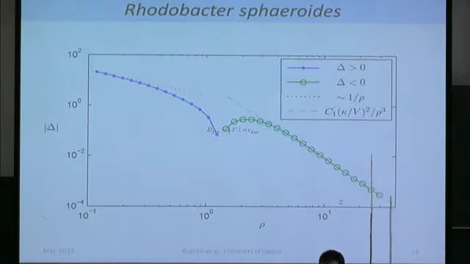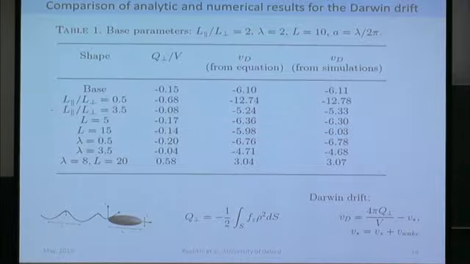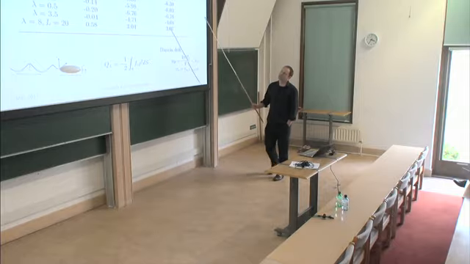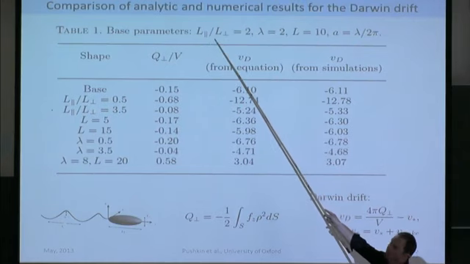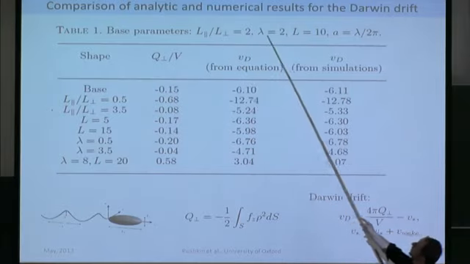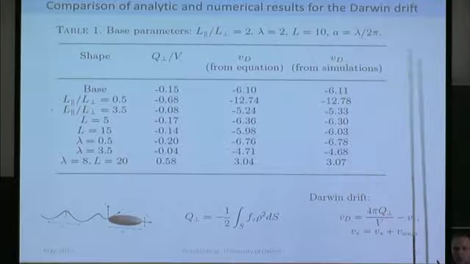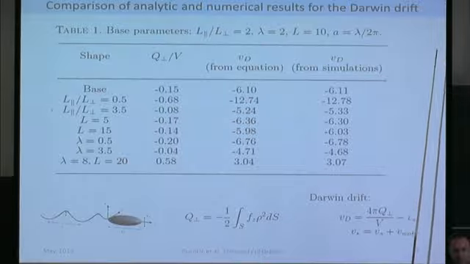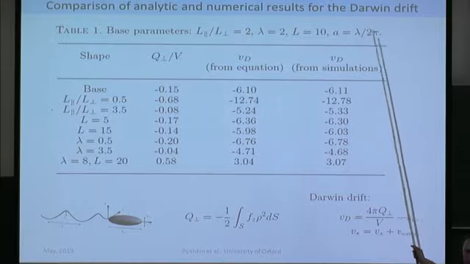And now we move to estimating the Darwin drift of such a swimmer as a function of its parameters. The base case that we consider is when it is twice as long as it is thick, where lambda is the non-dimensional pitch of the helix, L is its length, and A is its amplitude.